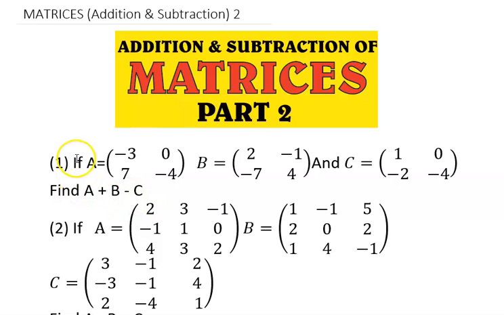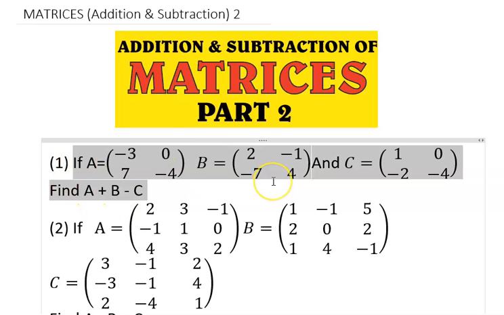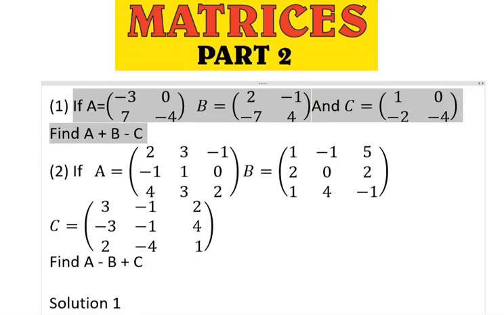Question number 1 says, if A is this, B is this, and C is this, find A plus B minus C. So let's say solution number 1.